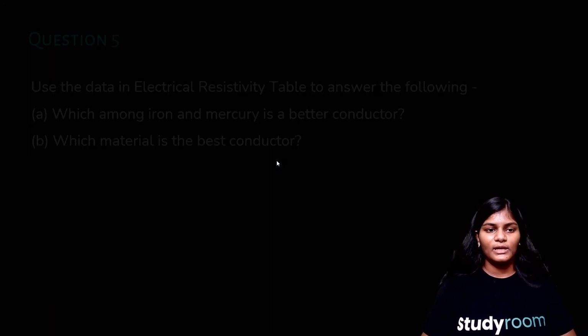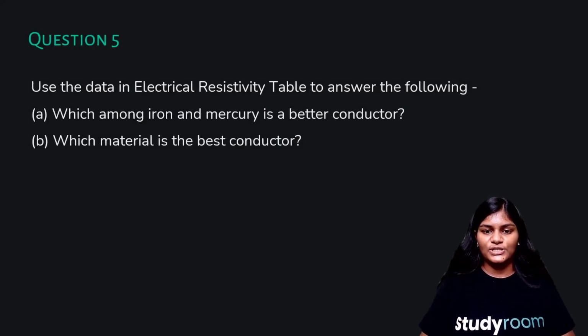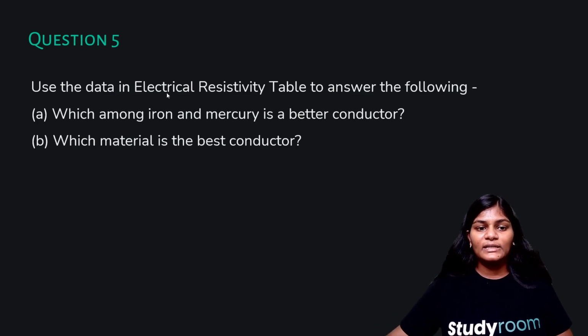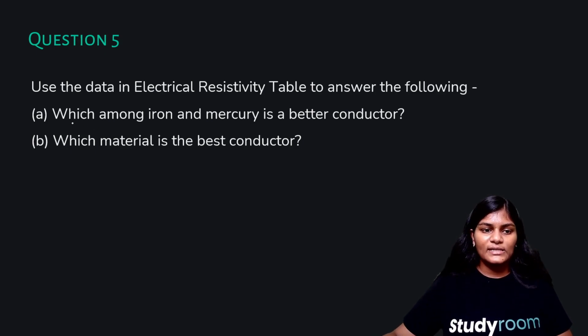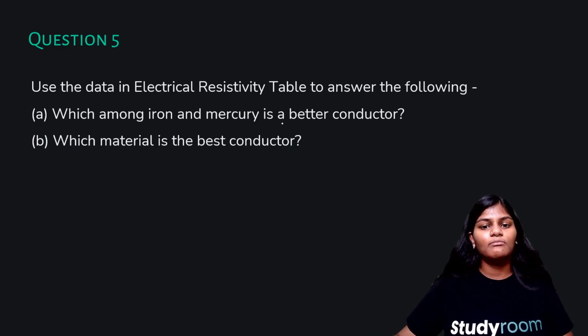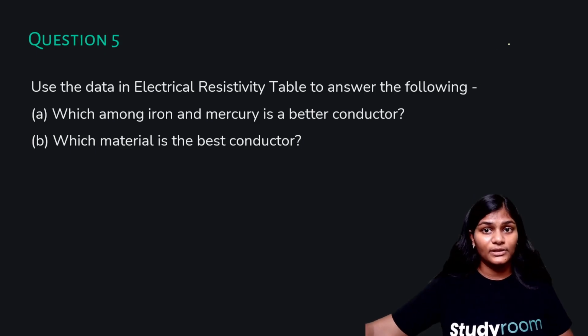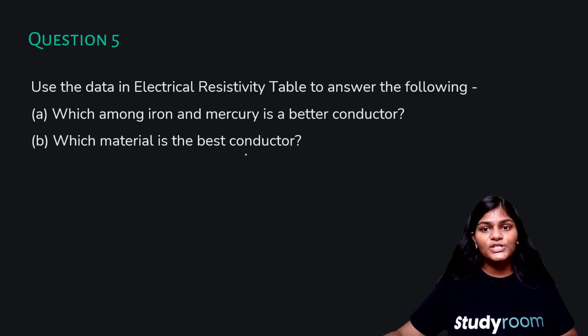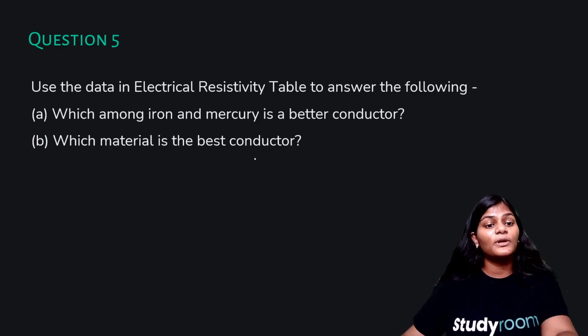Okay, great. Now, the last question says to use the data in the electrical resistivity table to answer the following. It is asking which among iron and mercury is a better conductor. Now for this, you'll again have to go back to your table number 12.2.